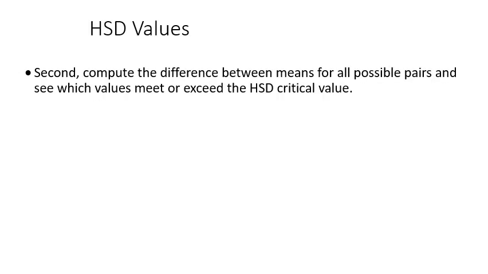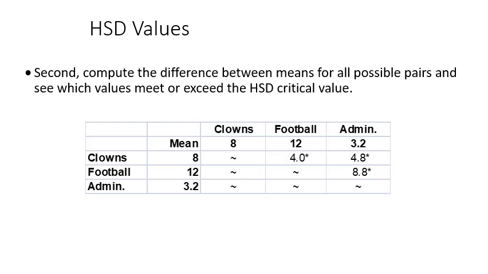So now we need to compute the difference between means for each one. Here the mean for clowns is 8, the mean for football players is 12, and the mean for administrators is 3.2. The difference between football players and clowns is 4. Administrators and clowns is 4.8, and administrators and football players is 8.8.